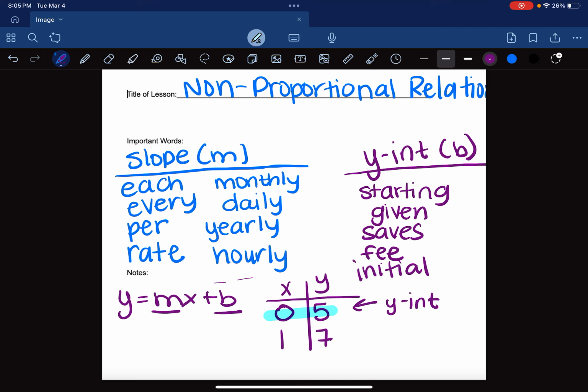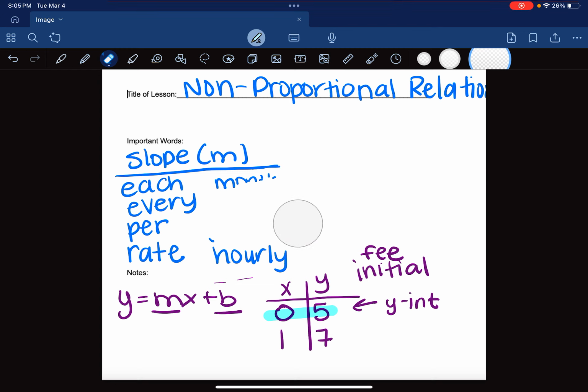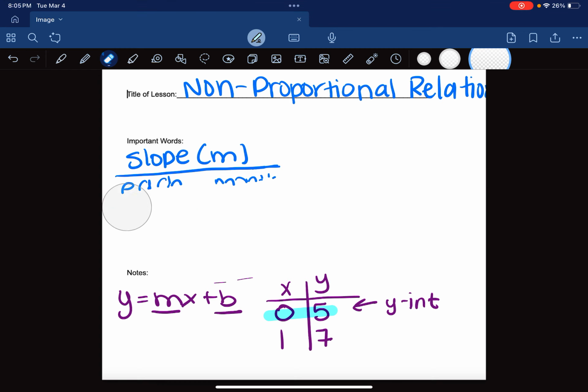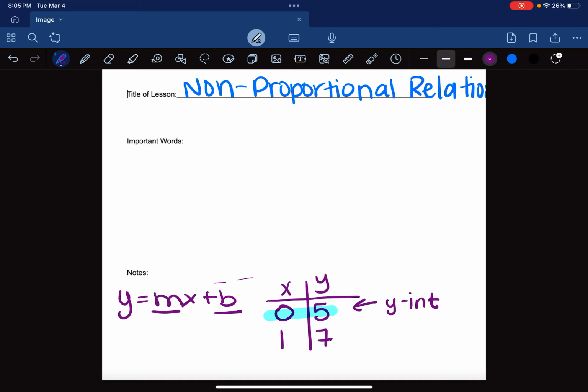Okay, from a graph now, let me erase this so I have more space. From a graph, I know that a graph is non-proportional because it will not go through the origin. It'll go through something else.